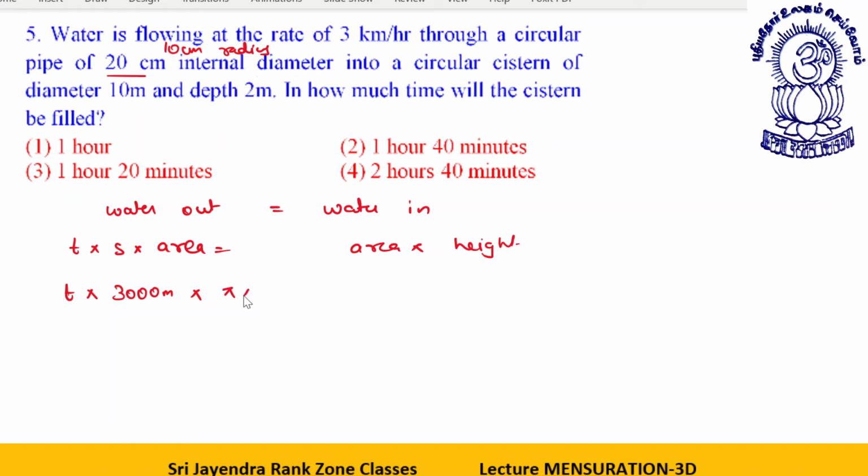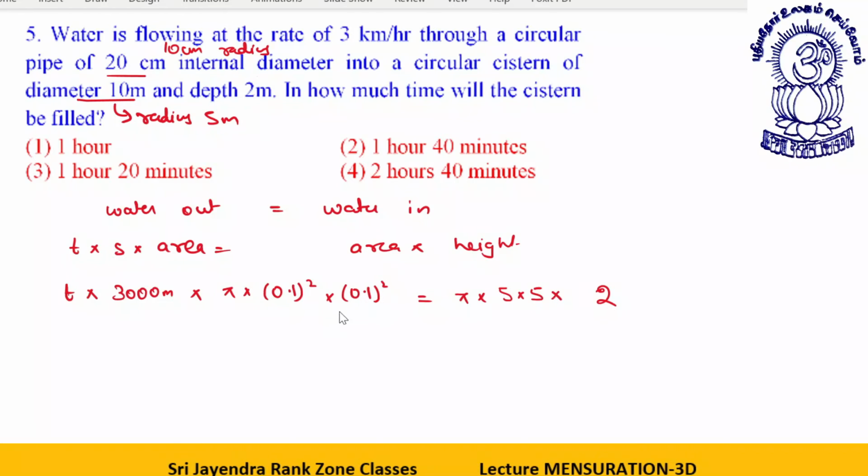So that will be pi into 10 centimeter means 0.1 meter into 0.1, into a circular cistern of diameter 10 and depth 2. Diameter 10 means radius is 5 meter. So pi into 5 into 5, and depth is 2 meter. What is the depth? 2 meter. This is pi r square into 2.